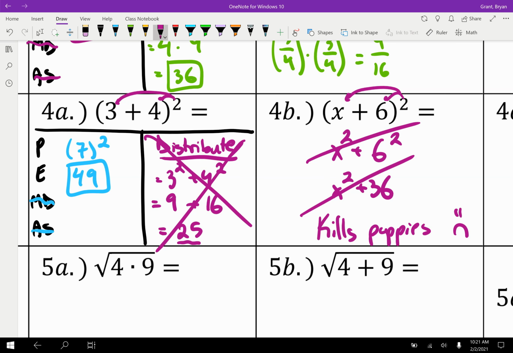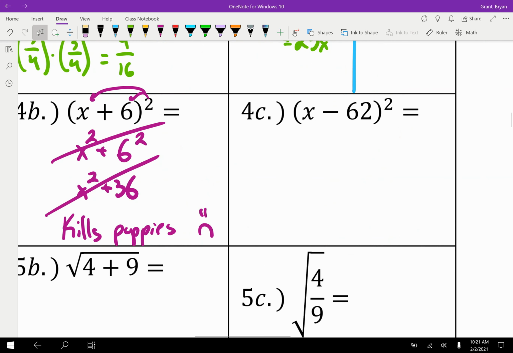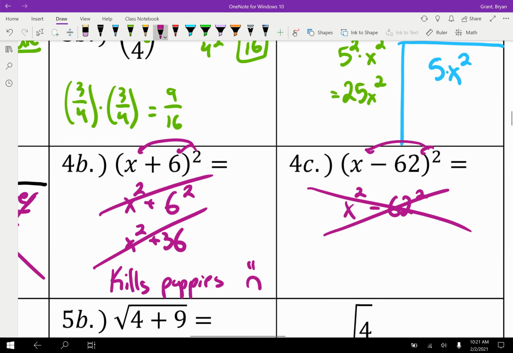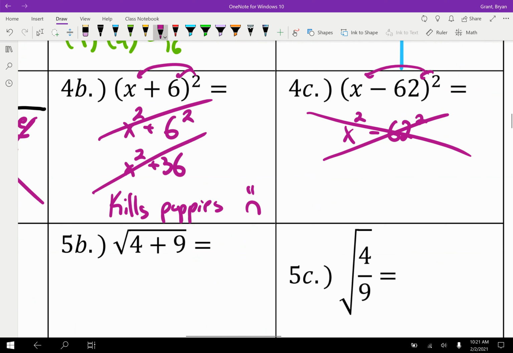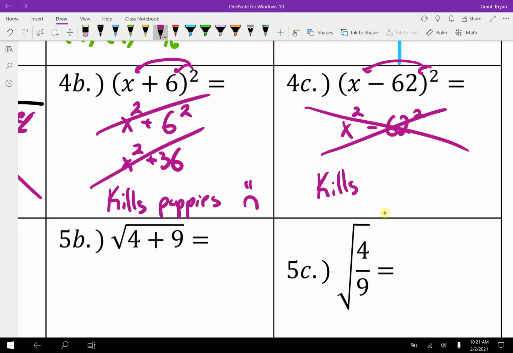We want to keep the population of puppies up. Don't distribute a square. One more time, just a friendly reminder. Don't distribute a square, and I guess I should go further and say if there is addition or subtraction. Multiplication, division, go for it. Addition, subtraction, no. That kills puppies.